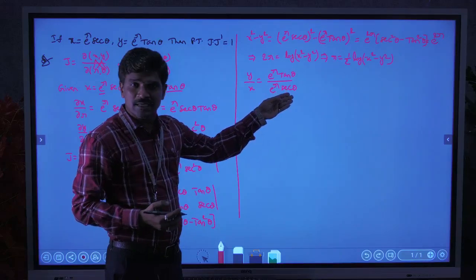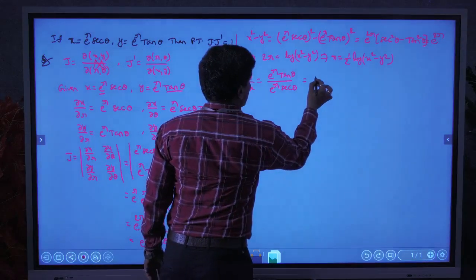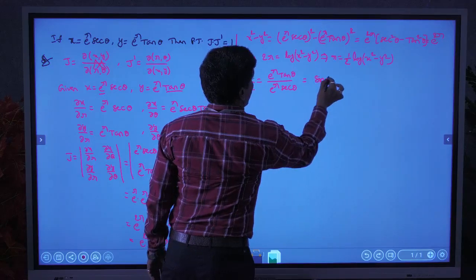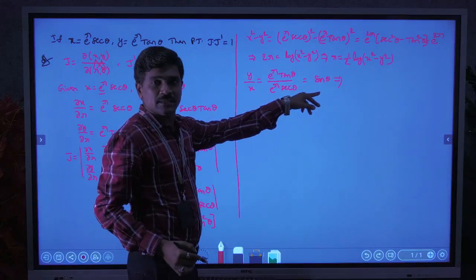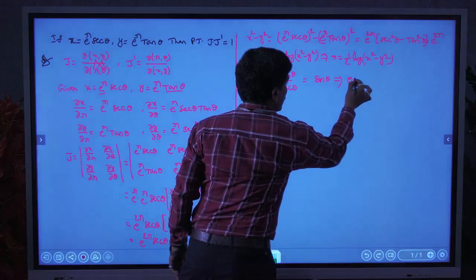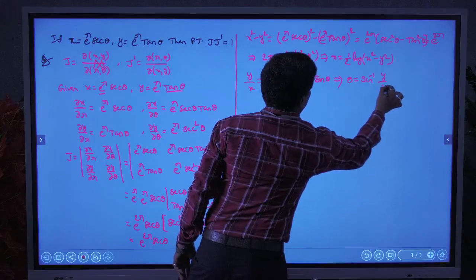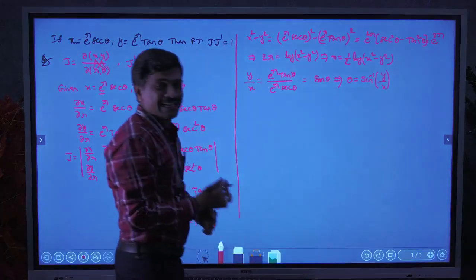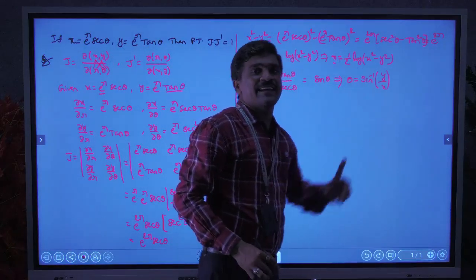Sec θ is 1 by cos. Again cos cancels. We get sin θ, right? So y by x equals sin θ. Then write θ equals sin inverse of y by x. So clearly we get r, θ as functions of x, y.